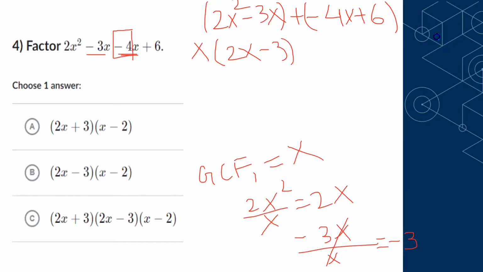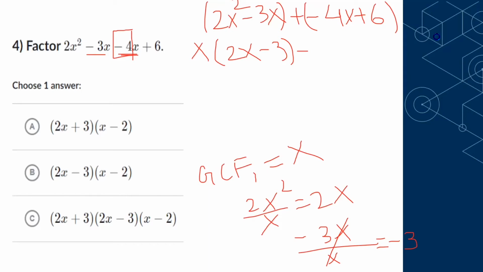Now I know that my GCF is going to be a negative, because my leading coefficient is negative. If I know that, I'm going to save myself some struggle by just putting a negative sign in there. Now I don't have to worry about the number being positive or negative. I can just ask myself, what is the GCF of 4 and 6? Because I already put the negative sign in there.